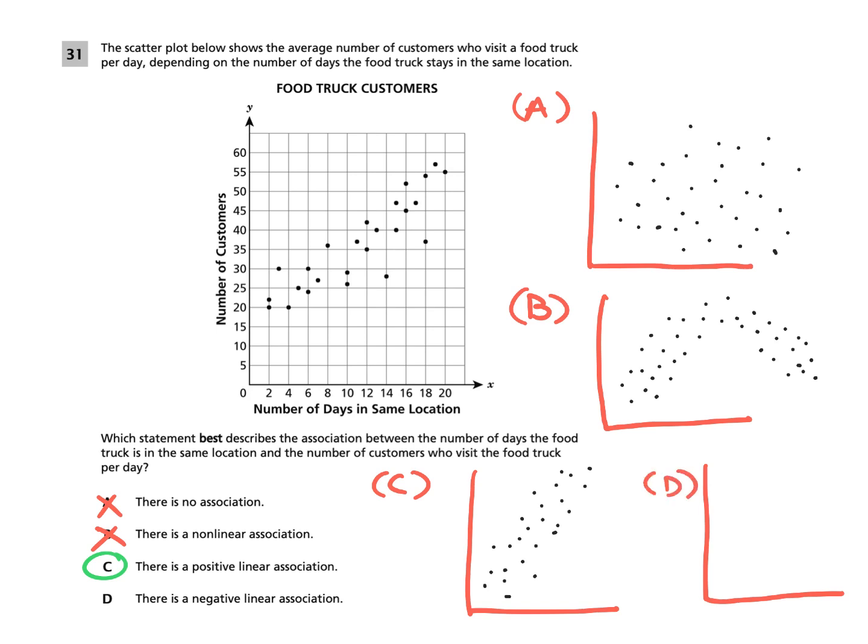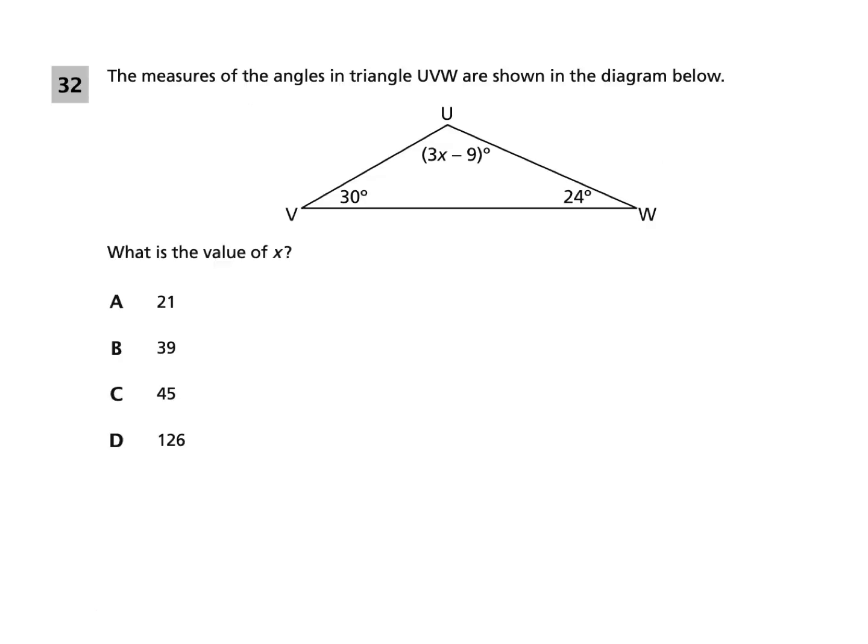If you can deduce it, that's great, but if you can't, it looks like this. You can see the data is going down. So that's what all 4 graphs sort of look like. There are different variations of B, the nonlinear, but this is the best I can do on this page. D is not the answer. C is the answer. Okay, let's go on to the next question.